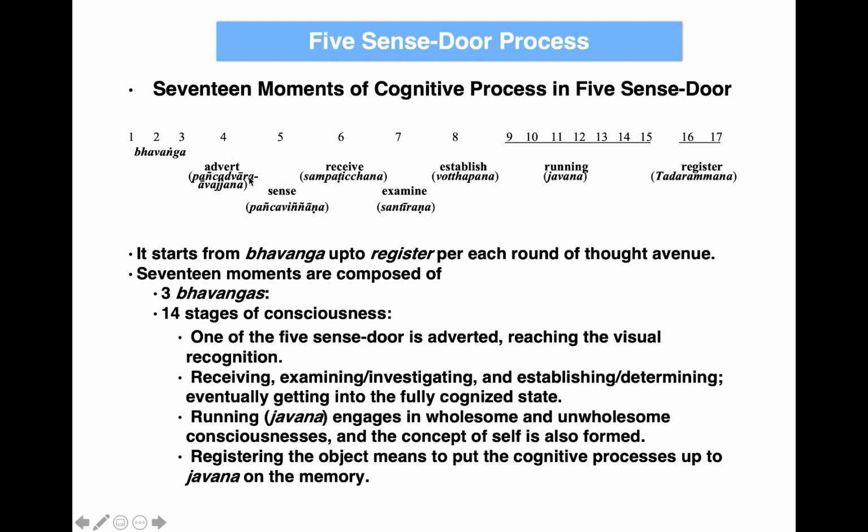One of the five sense doors is adverted, reaching visual recognition and receiving, examining, and establishing, eventually getting to the fully cognized state. So the man cognizes the object, in other words, the man comes to know the mango.